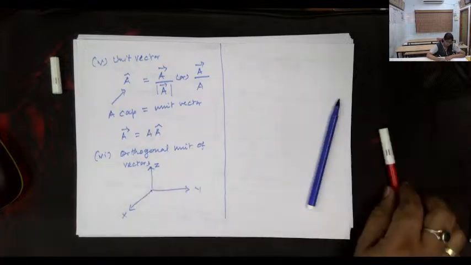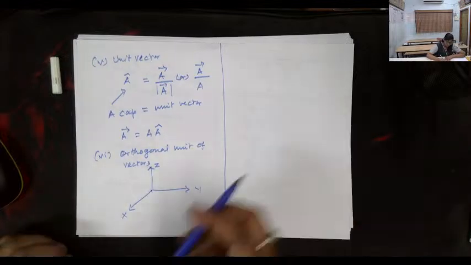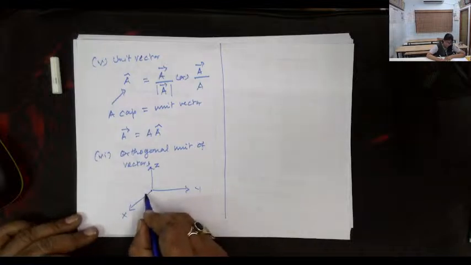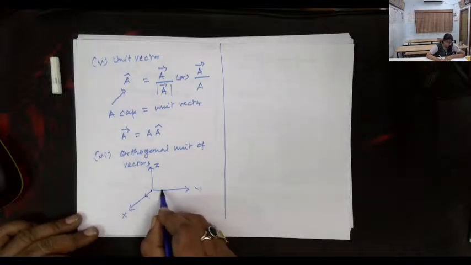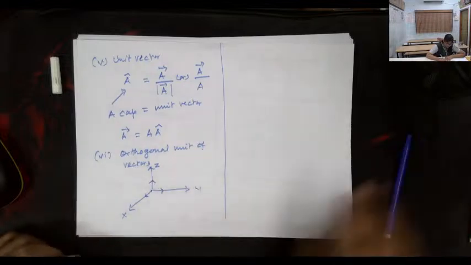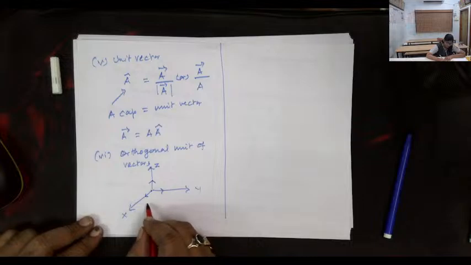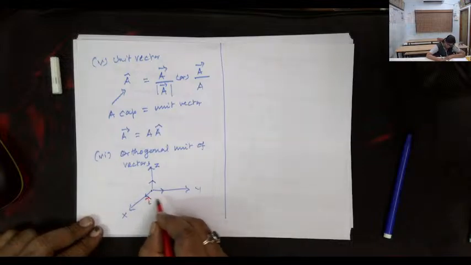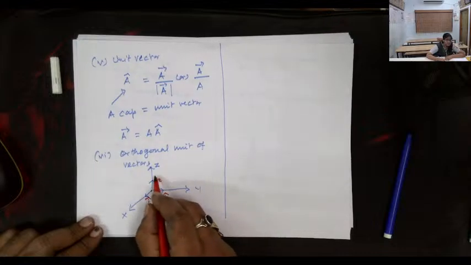So the unit vectors along x-axis, along y-axis, along z-axis can be called I cap, J cap, K cap.